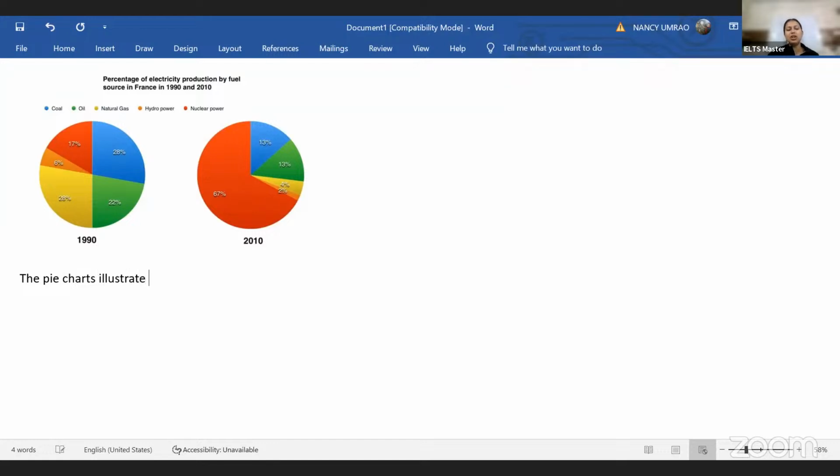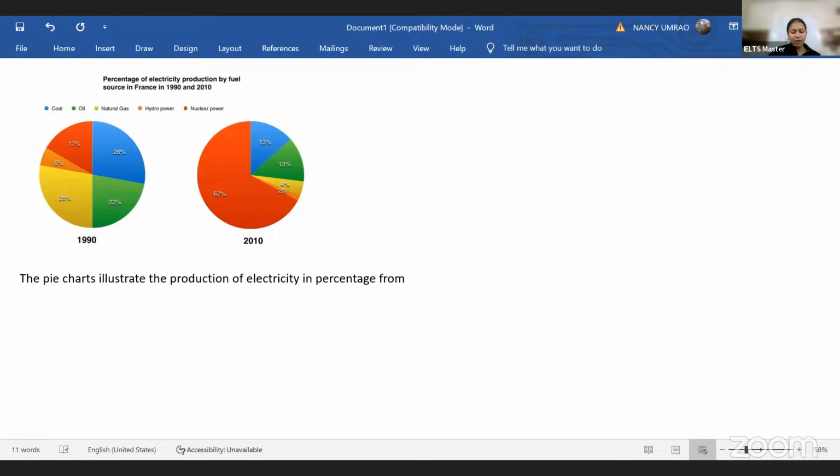The pie charts illustrate. In the question, they have given percentage of electricity production by fuel source. So we can paraphrase the same sentence: the production of electricity in percentage from how many sources of fuel are given?